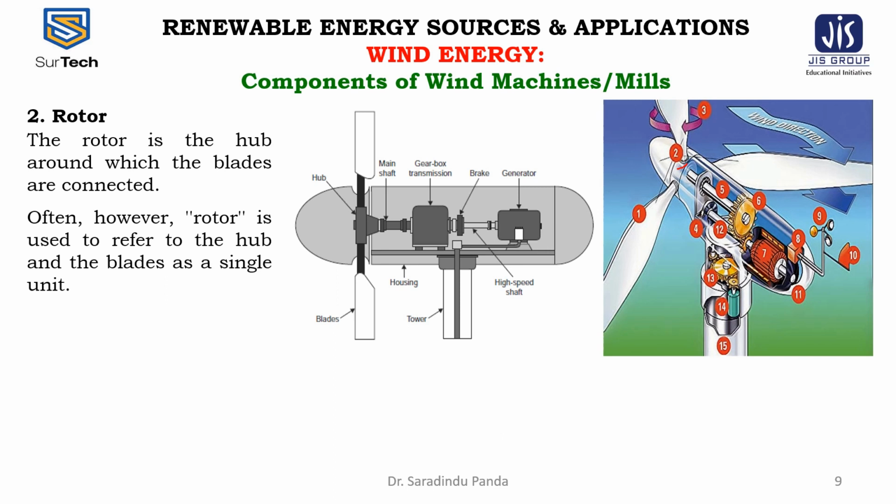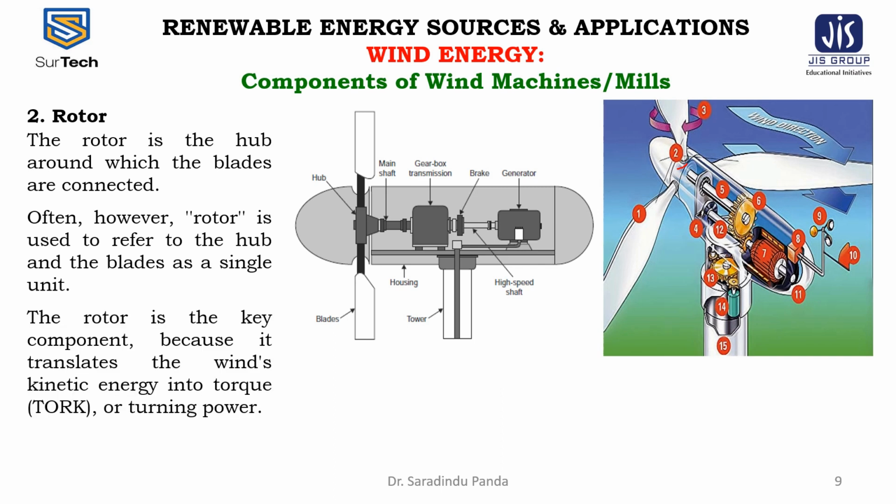This figure is the simplest figure of the wind turbine design. This is the hub. The rotor is the key component because it translates the wind's kinetic energy into the torque or the turning power.